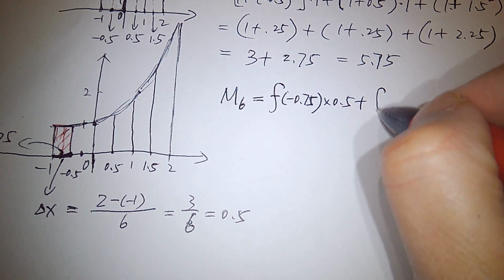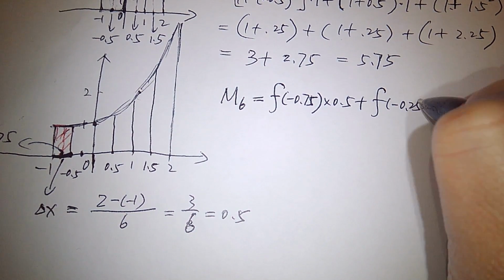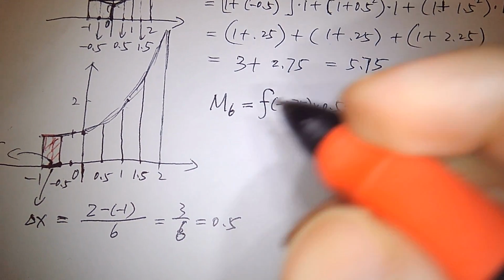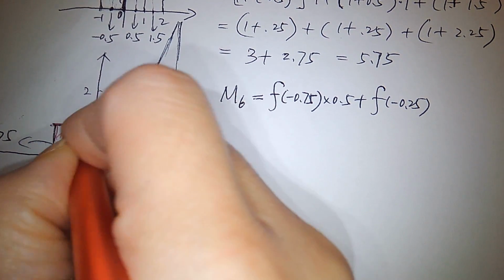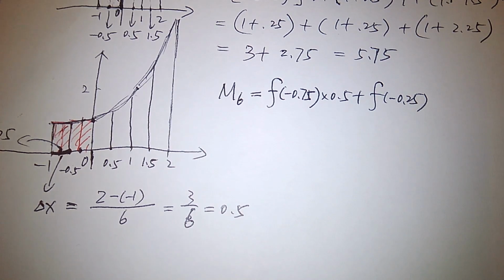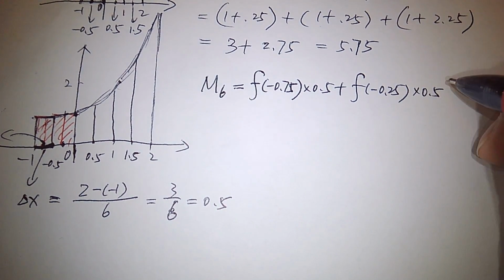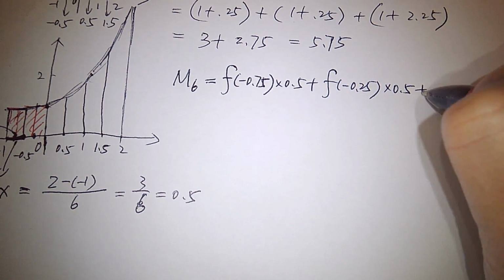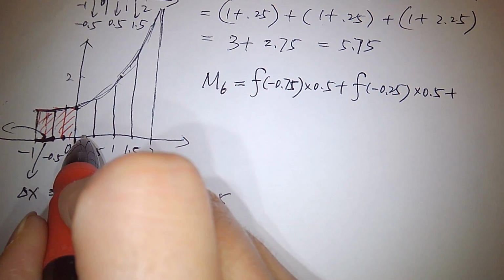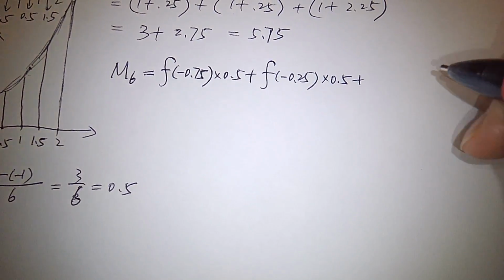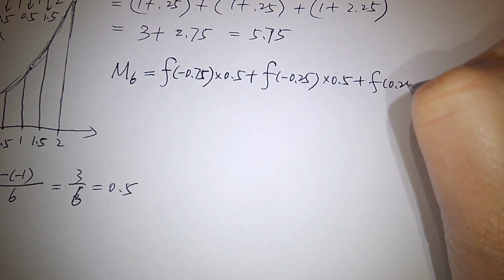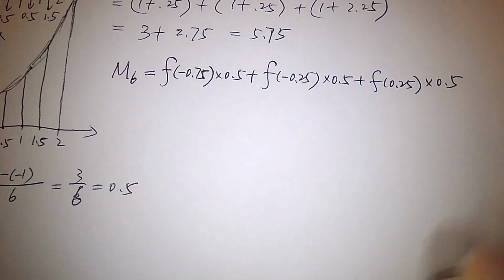So f of -0.25 times, still 0.5, right? Every time 0.5, plus, this subinterval's middle point is what? 0.25, right? F of 0.25 times 0.5.